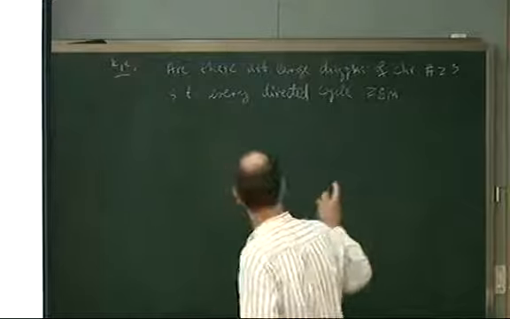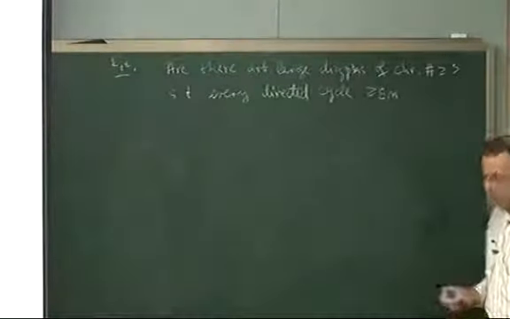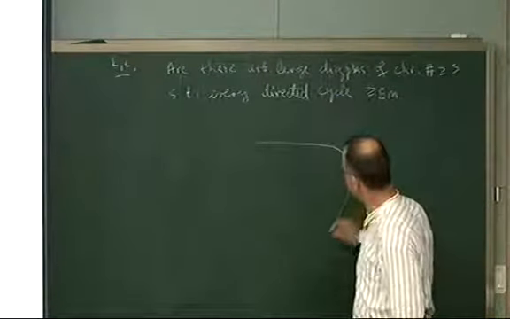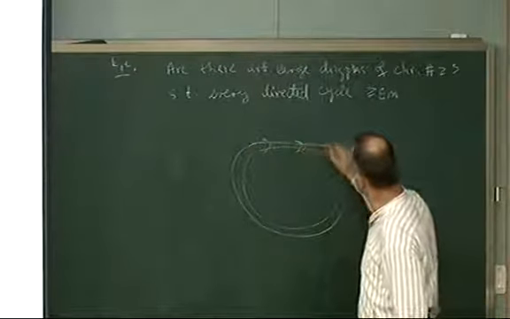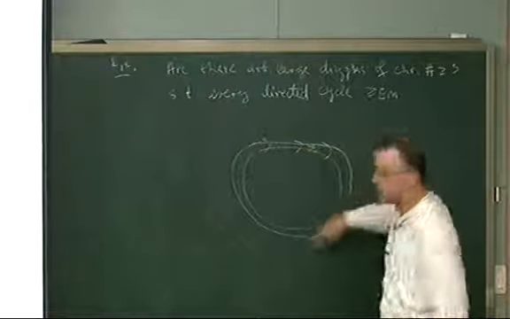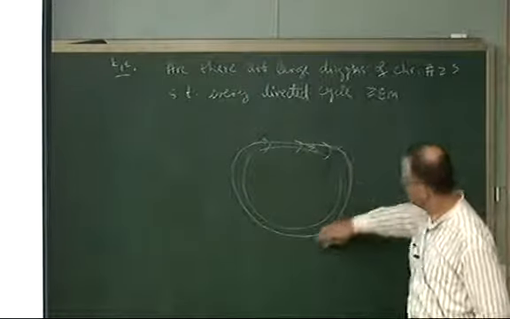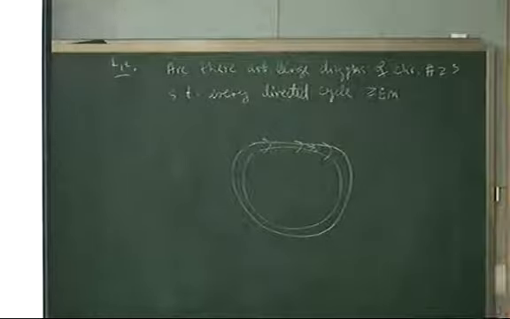Here I do need chromatic number at least 3, because if you only go for 2, you can make the following construction. You can just take a long graph with vertices where all edges go in the direction around. Then every cycle must go all the way around, so it is long, proportionally to the number of vertices.